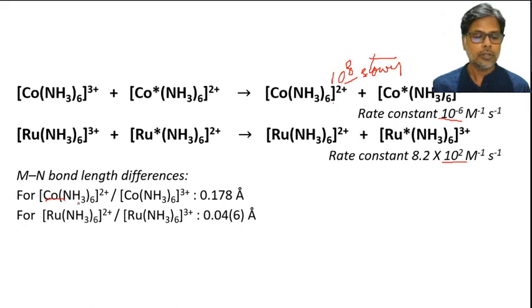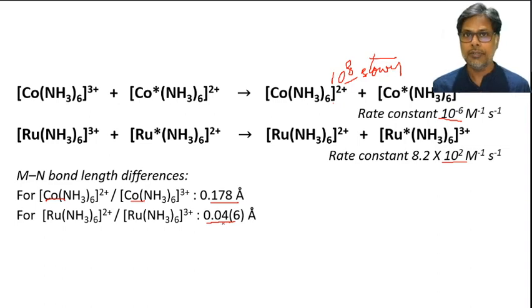The difference in the cobalt nitrogen bond lengths in the divalent and trivalent states is 0.178, and in the case of the ruthenium couple it's only 0.04. So what does it mean? How is the bond length difference related to the rate of the reactions?